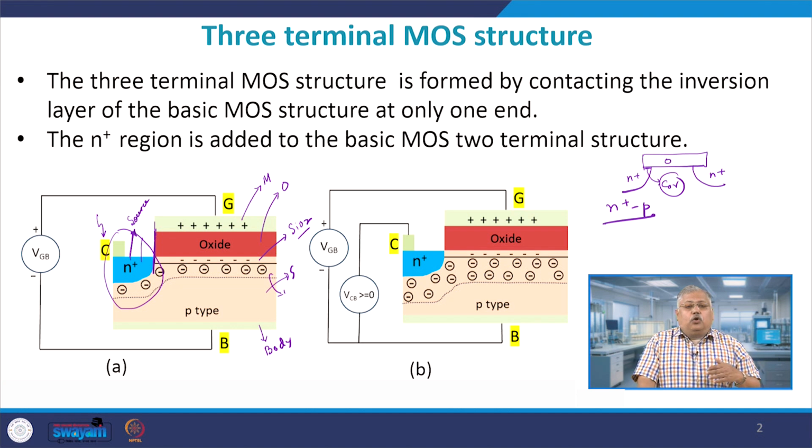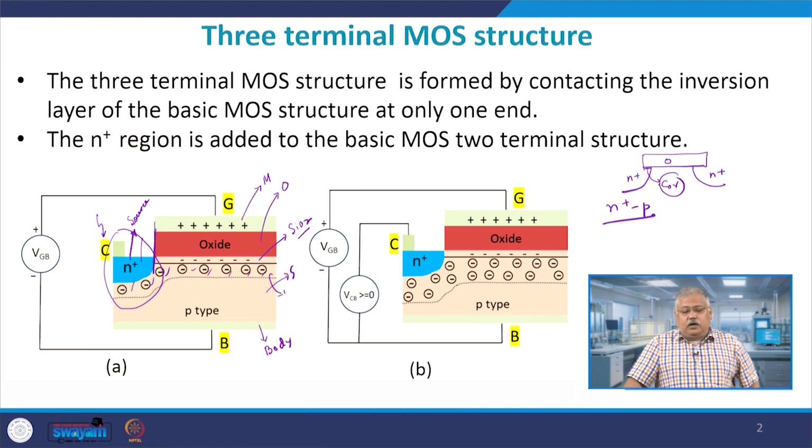Even if you do not give any external bias, this N plus P junction gives you a depletion region more towards the p side, and that is what I have drawn here. This depletion region is also coming by virtue of the gate voltage which you have applied, as we have already discussed.